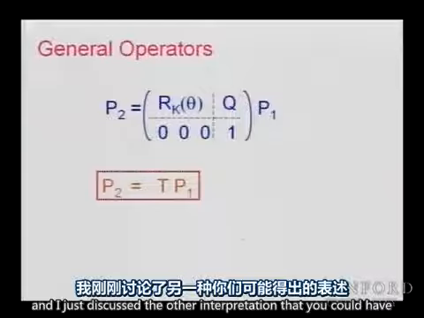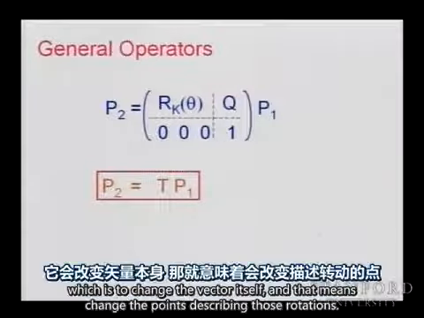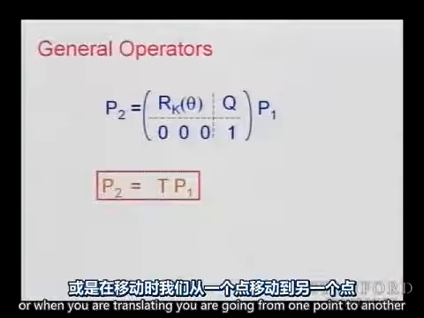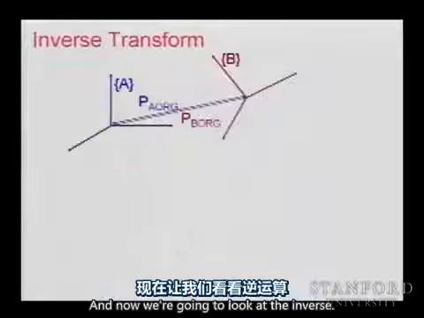And I just discussed the other interpretation that you could have, which is to change the vector itself. And that means change the points describing those rotations. So when you rotate a vector, you are going from one point to another point, or when you're translating, you are going from one point to another, and you can apply both of them.